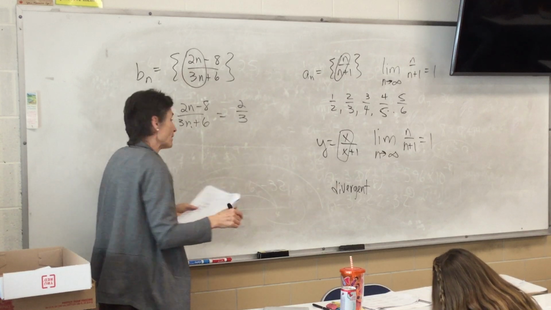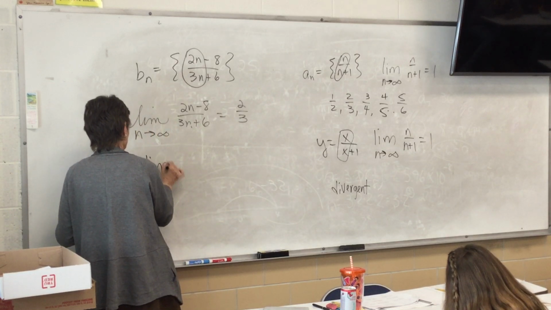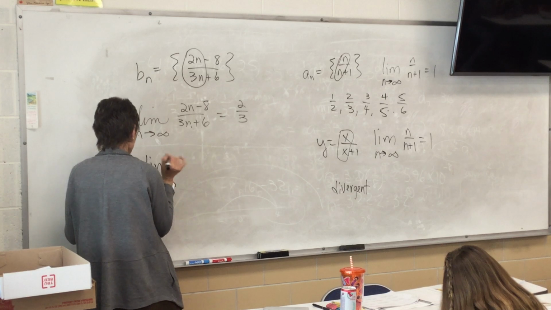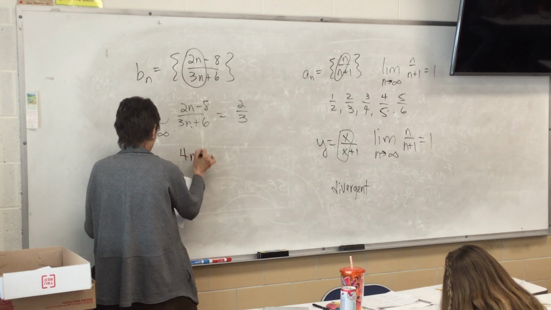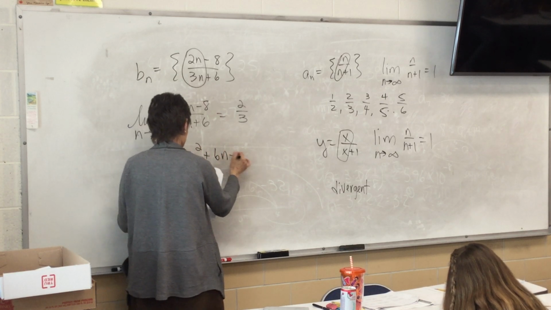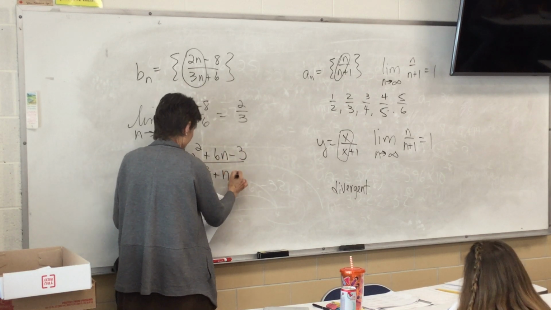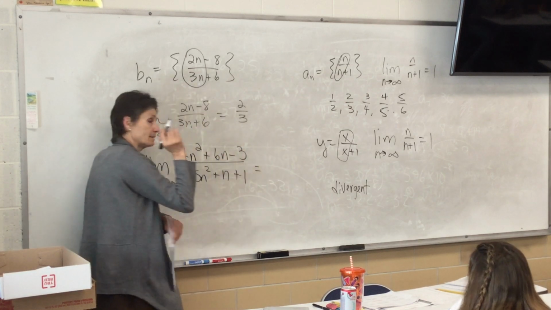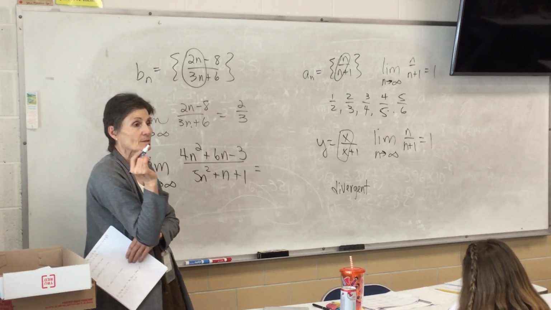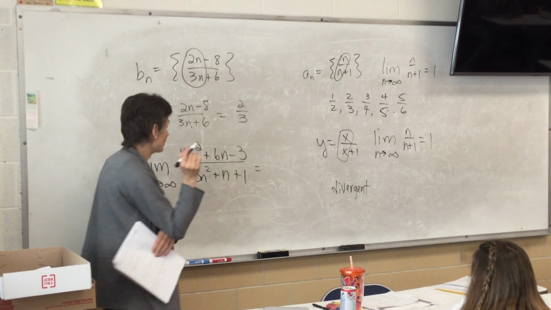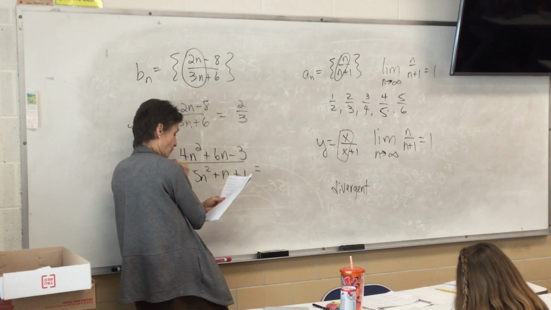What do you think about F? The limit as n approaches infinity of 4n squared plus 6n minus 3 over 5n squared plus n plus 1. What do you think that limit is? 4/5. Is that 4/3 or 4/5? 4/5.